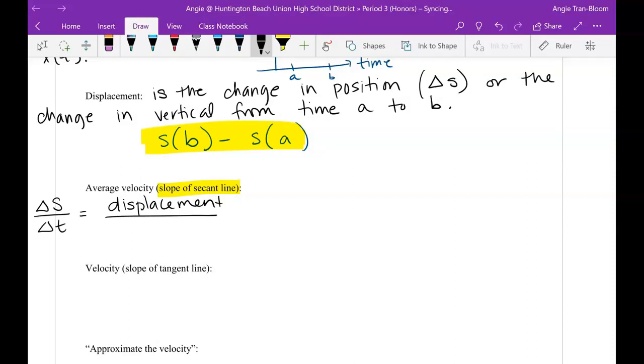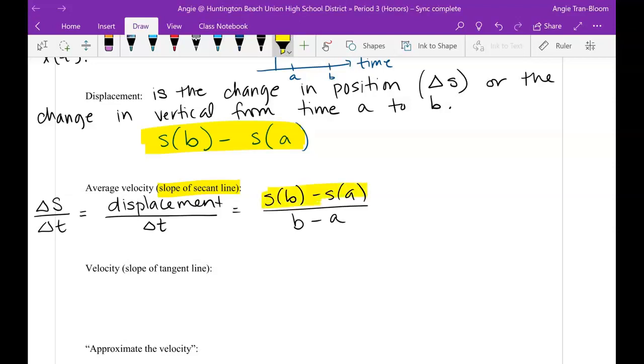Displacement over the change in time. Displacement, just like the one above, is really S of B minus S of A all over B minus A, and B and A are the time. So keep in mind that this is another equation that you would need to know. Now, doesn't that look like just the average rate of change? That's why this one said the slope of the secant line.